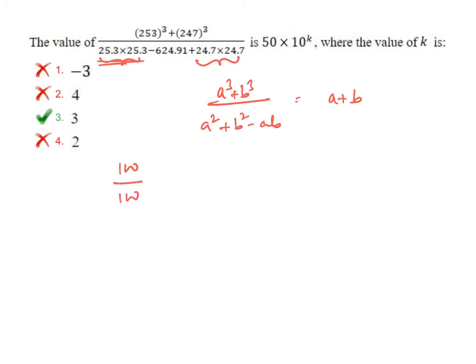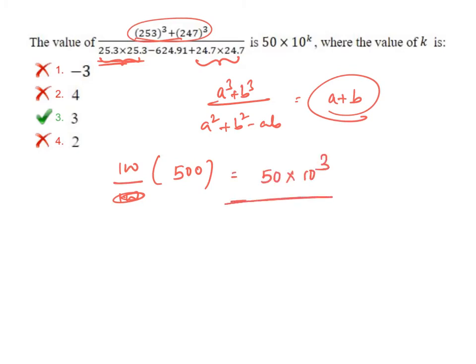So this 100 will be gone. So, 100 into a plus b will be left, that is 500 now, because 253 plus 247, which is 50 into 1000, 1000 is 10 cube. So, value of k is 3. I am doing it in a very short way. Here a is 253, b is 247.